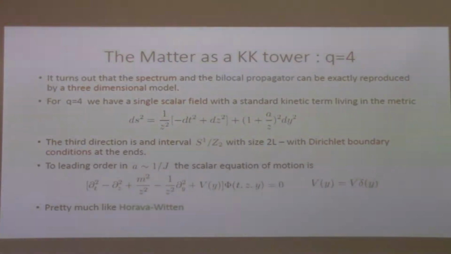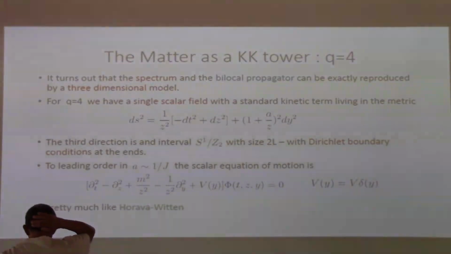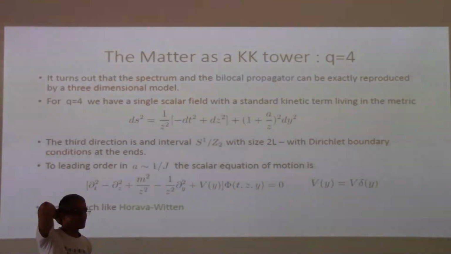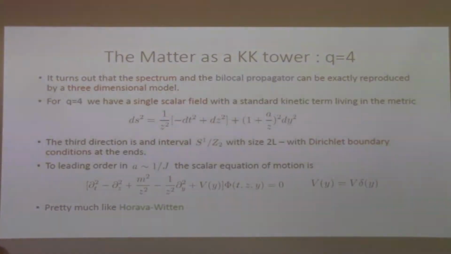Before that, let me make this remark, which is actually really intriguing. So you have a theory with an infinite spectrum, an infinite tower of states, and it turns out that this spectrum is in fact exactly reproduced by a three-dimensional model, as a Kaluza-Klein spectrum of a three-dimensional model. So let me describe the version of this three-dimensional model for the simplest case, which is a four-fermion interaction.